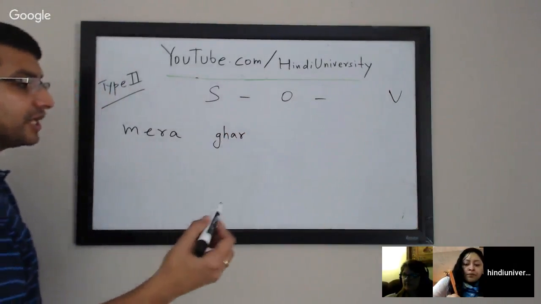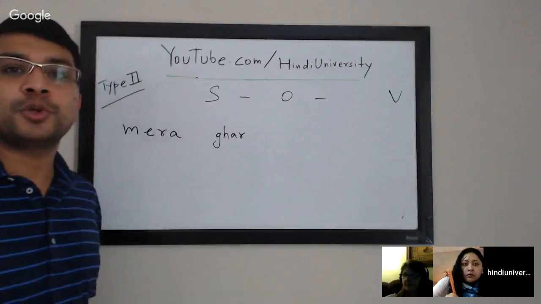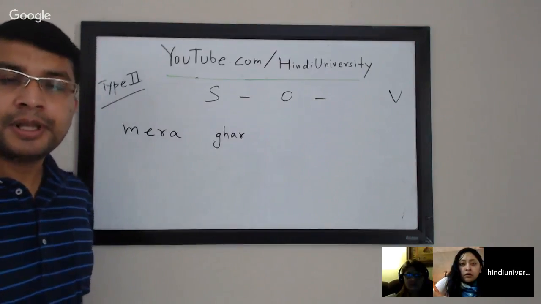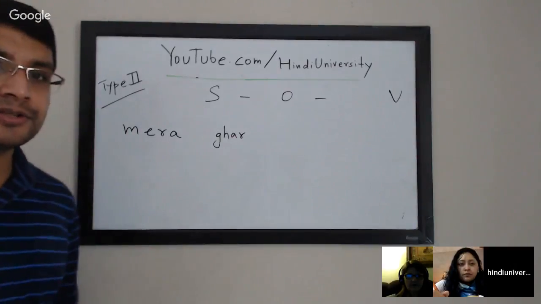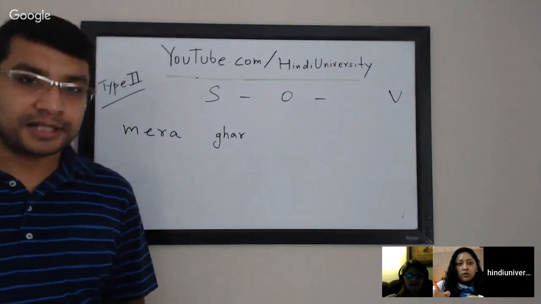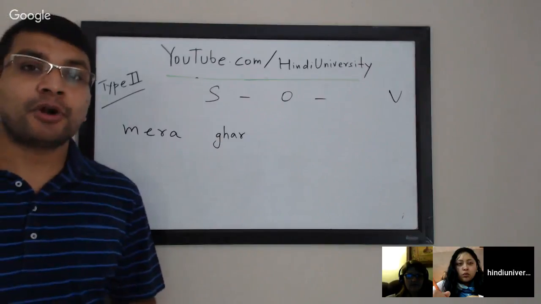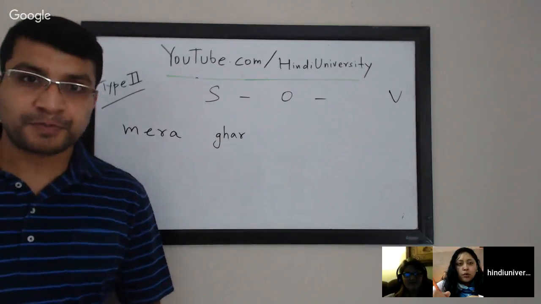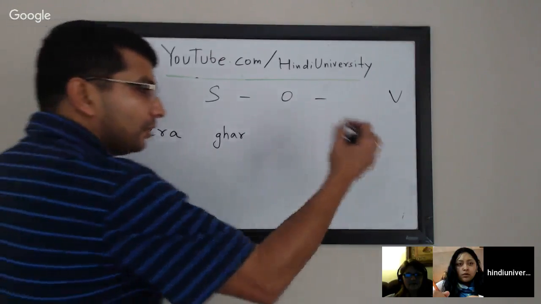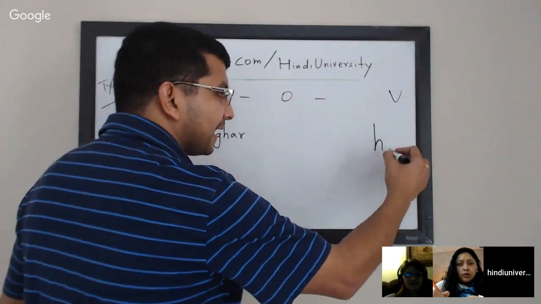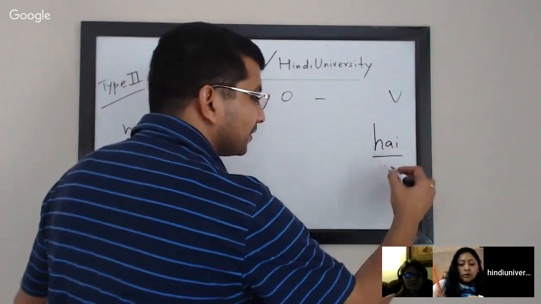Now you want to say something about your house and explain it to some person. Just to take a step back, throughout the last 3-4 classes in this course, we have not really spoken about verbs, so don't try to jump ahead and use verbs right now. The only verb we have used so far is hai, the to be form of the verb.